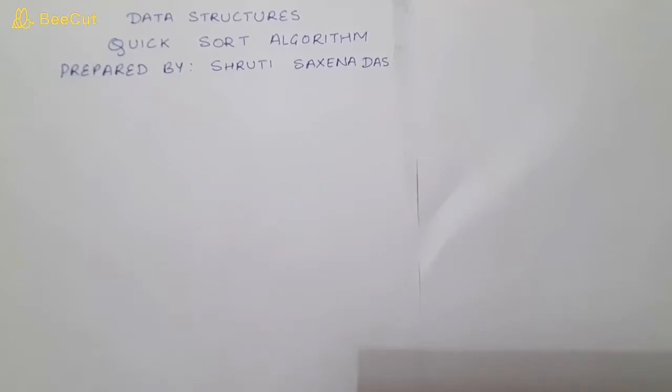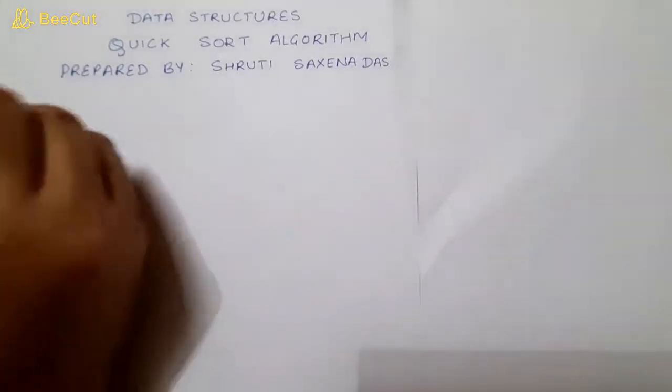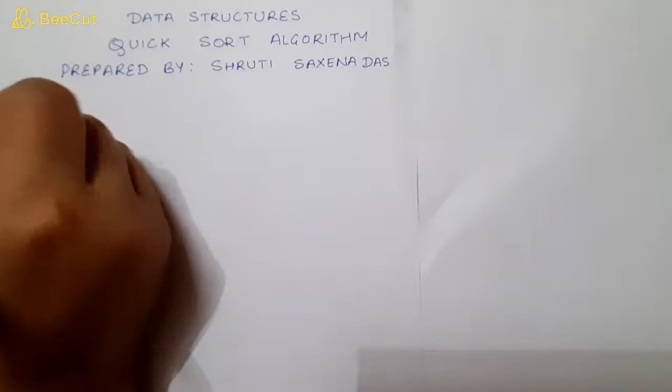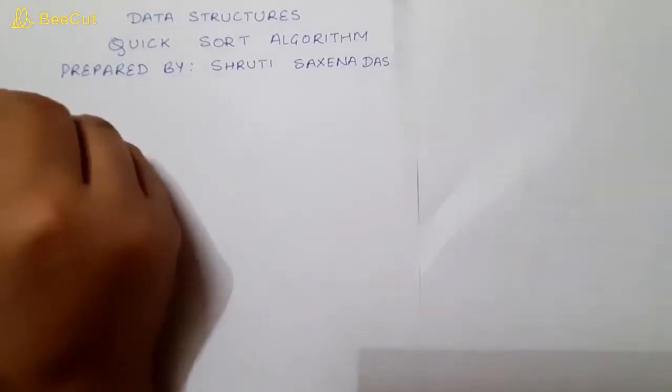First, it divides the array into smaller subparts, then applies the same algorithm on those parts, divides again, and finally it combines the sorted subarrays and gives the answer. So this is the algorithm we are going to discuss today: Quicksort.